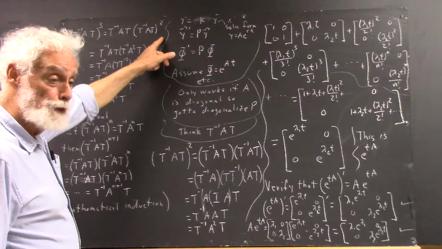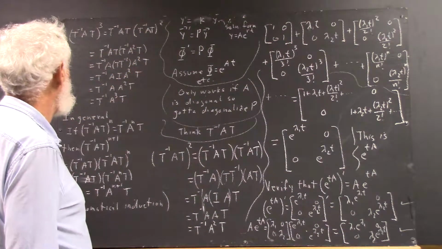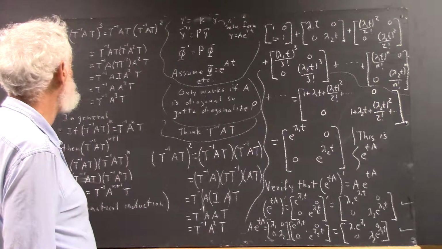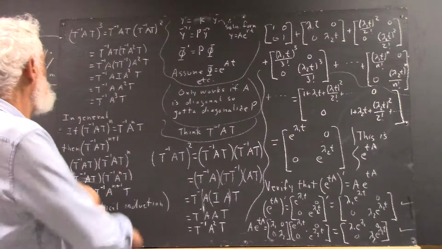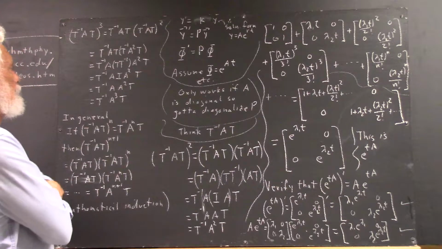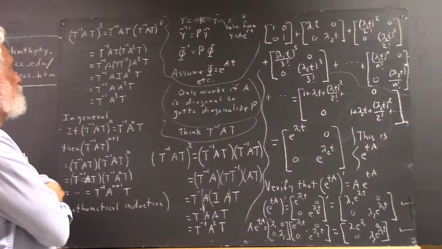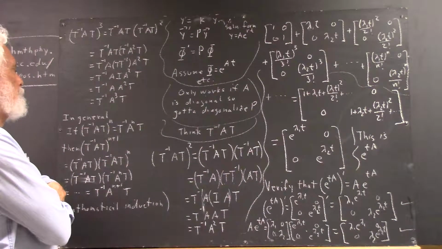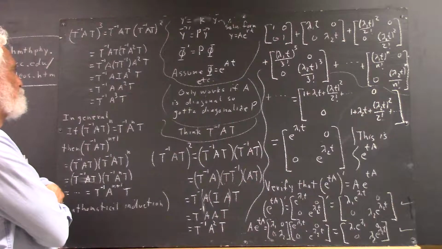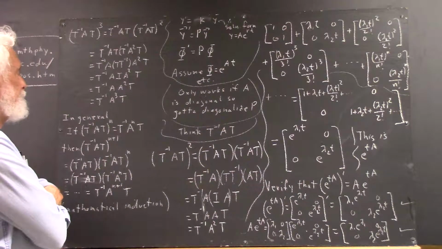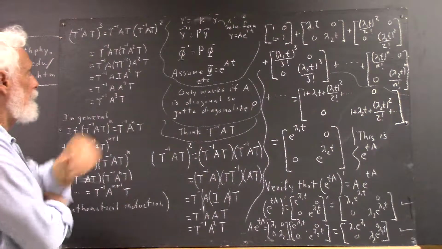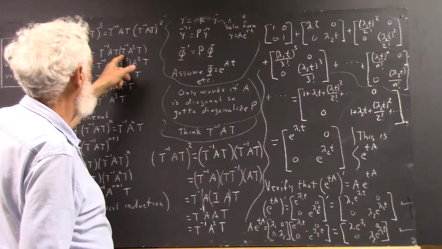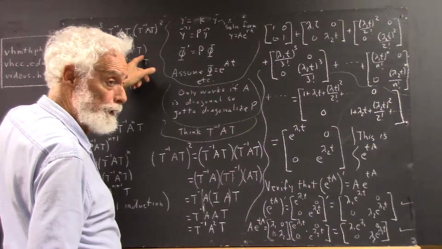Matrix multiplication is commutative. What I did there was really wrong and quite stupid. I squared this, but I didn't square the T inverse or the T, did I?